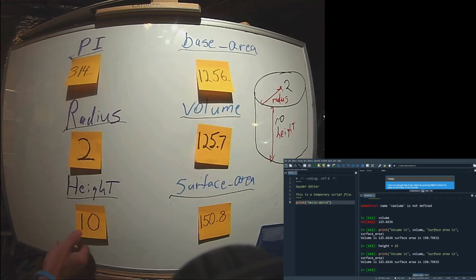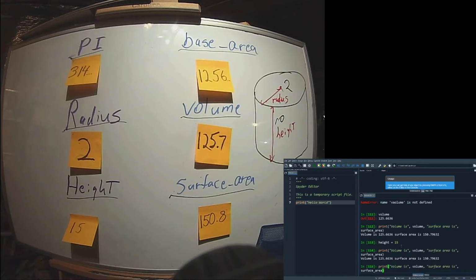Because what happens is we have changed one value from 10 to 15, but we haven't actually told the computer to go and change any of the other values. It's not remembering our sequence of operations, right? What it's doing is it's just doing exactly what we tell it to do. We told it to put 15 into height. We didn't tell it to recalculate anything else.